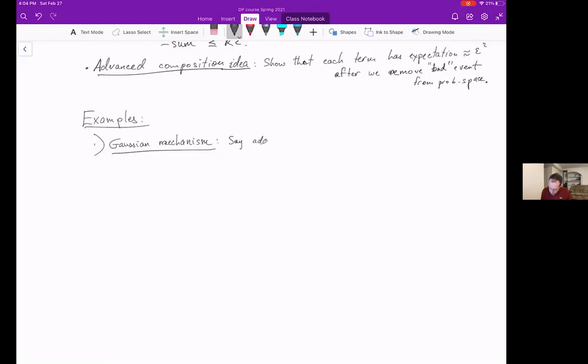Suppose we have a function f with L2 sensitivity delta, and A of x is f of x plus z, where z is normal with mean 0 and variance sigma squared, and sigma is, well, we showed we could choose it to be 2 times big delta times the square root of log of 1 over little delta, over epsilon.